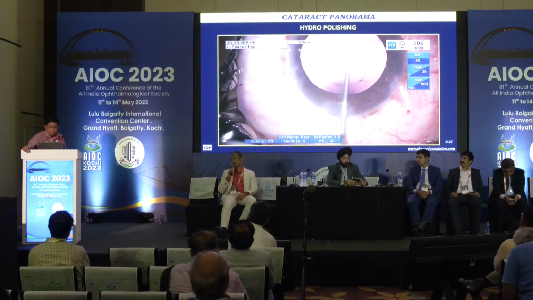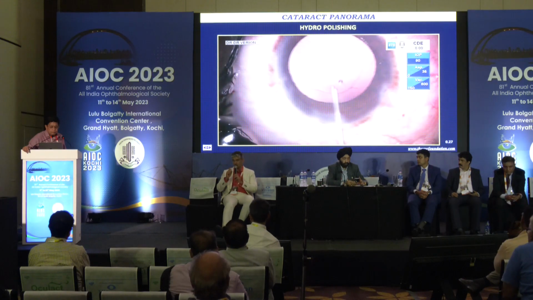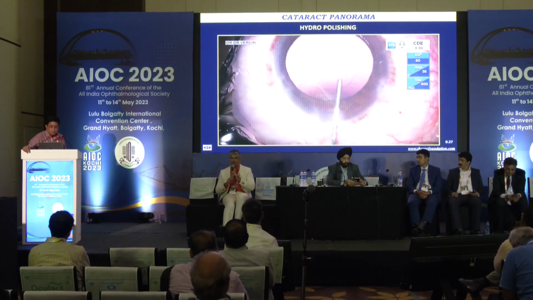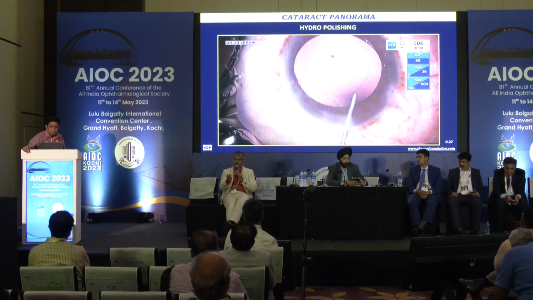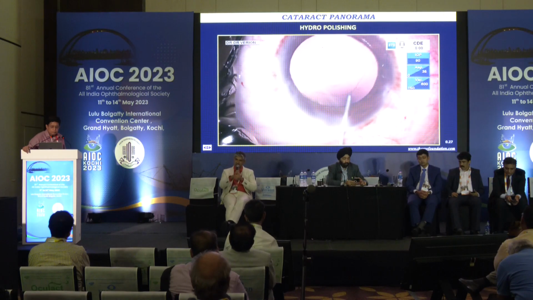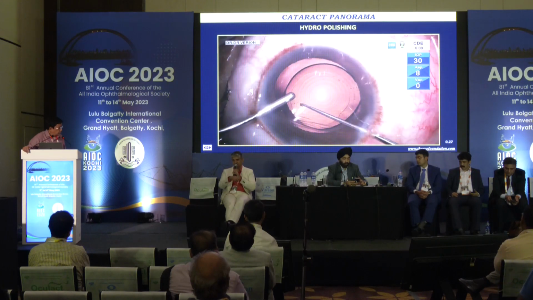I use a 27 gauge cannula so that the jet is finer and you get more force. I also go close to the fornices of the bag and then inject it, because this causes stripping of those lens epithelial cells in the equator which you can't reach.